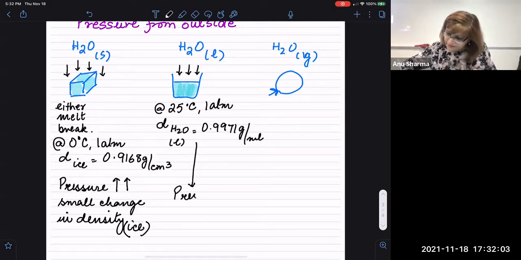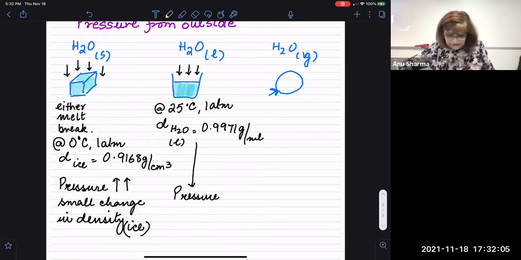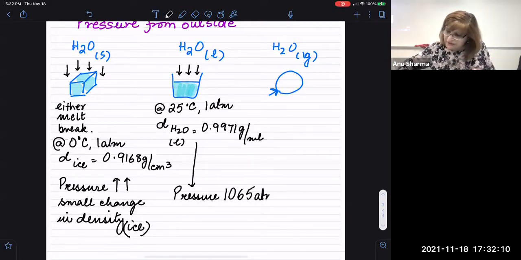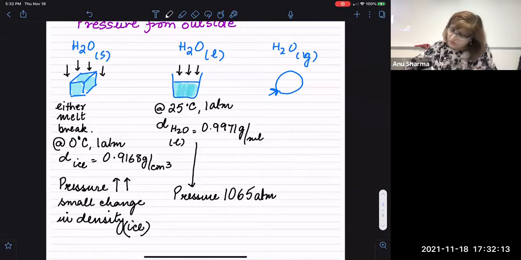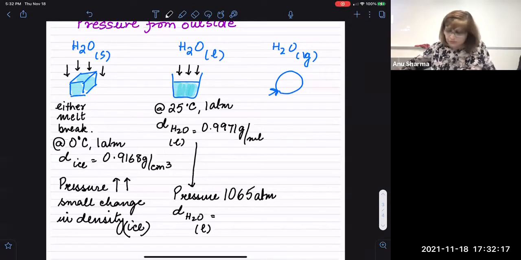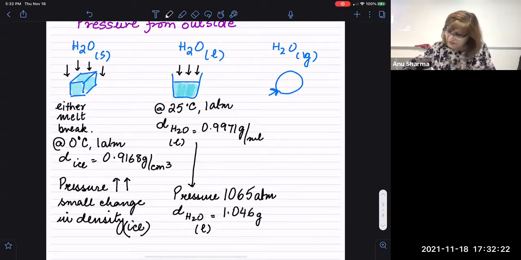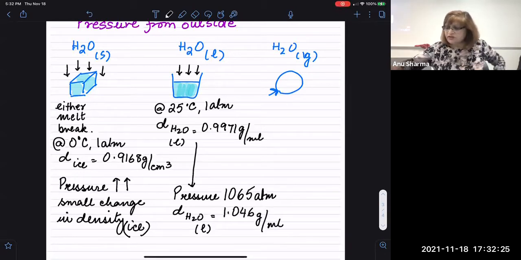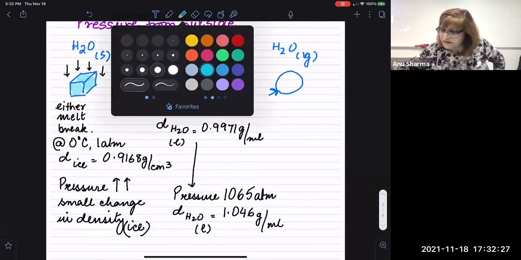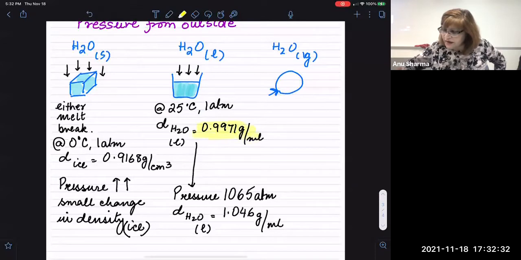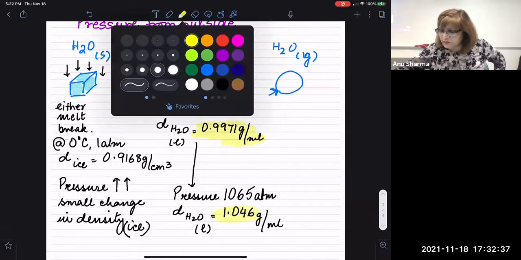When you increase the pressure to, let us say, 1065 atm, now that's a lot of pressure, 1,000 times more, the density of water in the liquid state just becomes 1.046 grams per milliliter. So the density is 0.99 and 1.046. Not much difference, a little bit.